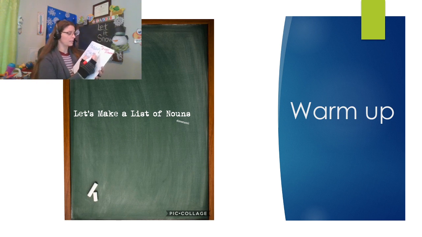What else? What is another person, place, or thing? Okay, my dog. Yeah. How about some more? Park. Yes, let's say the park. We usually use the park because we're talking about a specific park.